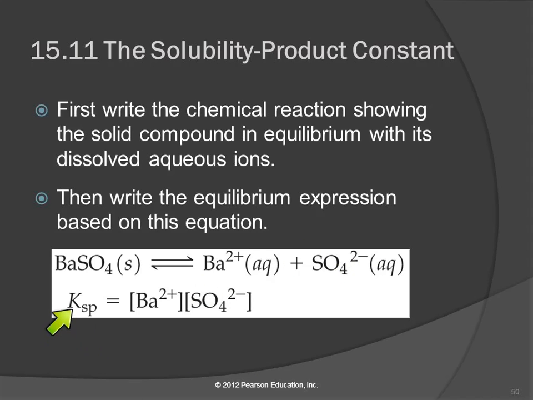And so then the Ksp, the solubility product constant, is the concentrations of the products multiplied, divided by the concentration of the reactant. But the concentration of the reactant doesn't change because it's a solid, and we don't include solids. So these end up not being fractions. They are just the ions.